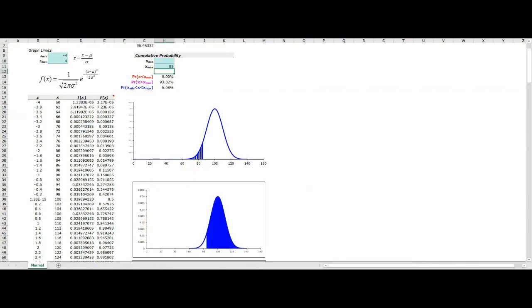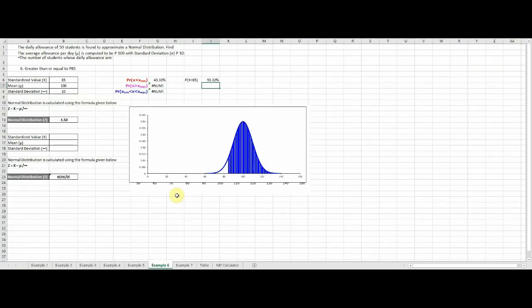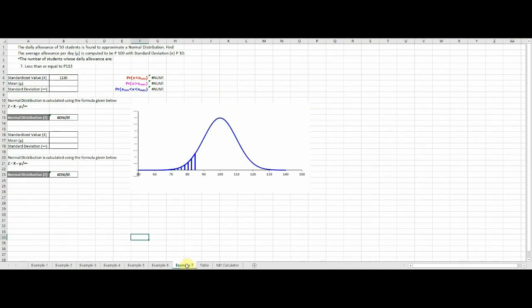As you can see, our given is from 85 going to the right side. So we have a larger area covering the other half, and the number of students will be 46.65 or 47 students. Now let's have the last example.